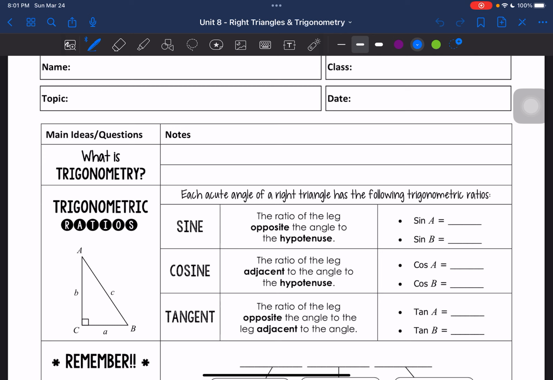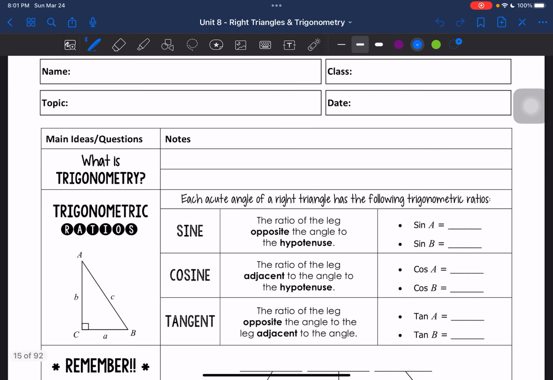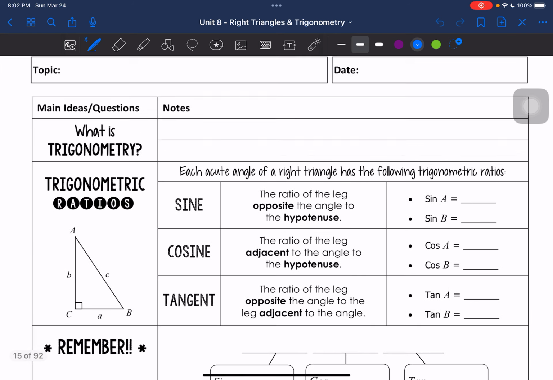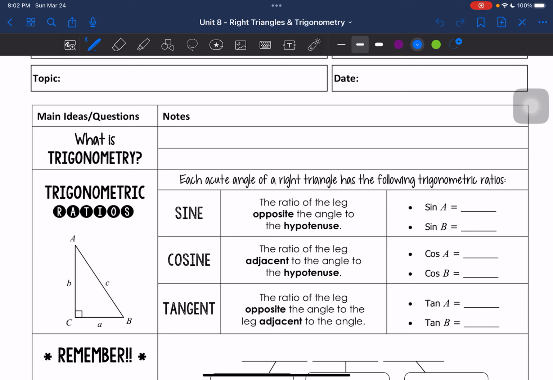Today I'm going to go over lesson 8.3, where we're going to start to get into trigonometry, which is sort of what we've been doing, but when we talk about trigonometric ratios, that's what we're going to talk about today. So what is trigonometry?